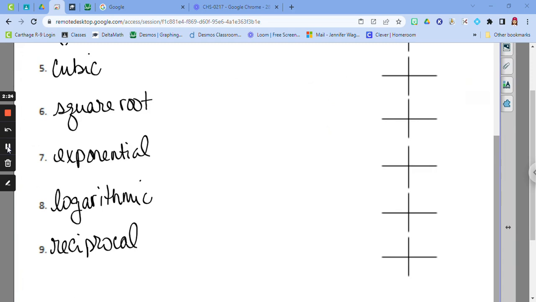Those are the ones that we'll be working from. We'll talk about what the parent function or equation is, as well as the overall look of the graph, here in a moment.